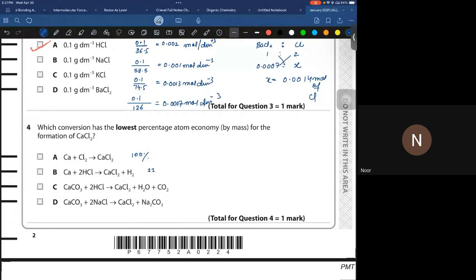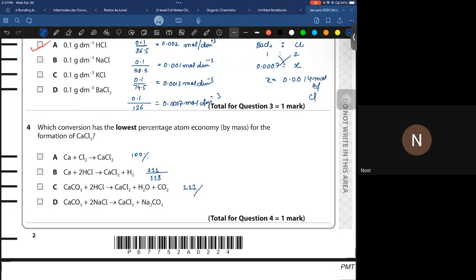Calcium is 40 and chlorine is 71, so 40 plus 71, 101. So it's 101 divided by all the masses.